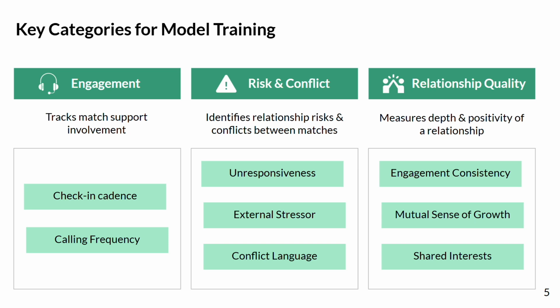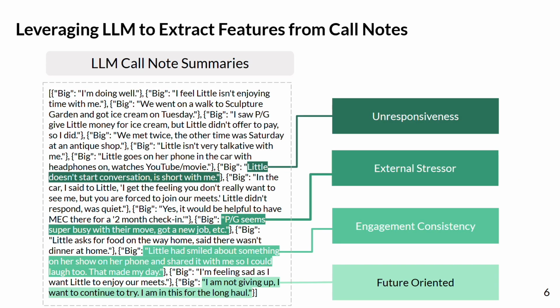Then we will explain how we extract these features from the notes. We use one note as an example. First, we give the definition of each feature. For example, look at the last one, future-oriented. We first give the definition of future-oriented: whether the person has future plans.